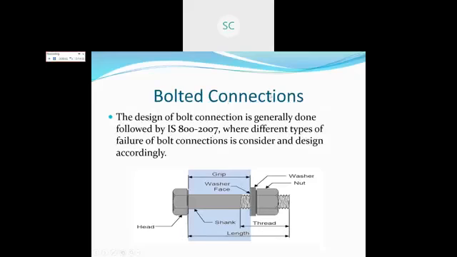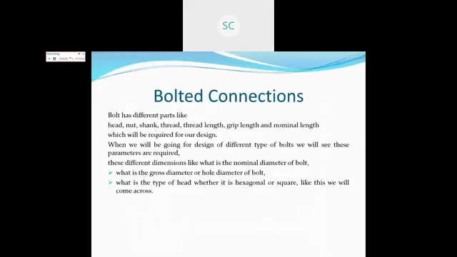Bolted connections are mainly used nowadays for steel structures. A bolt has different parts like head, nut, shank, thread length, grip length, and nominal length, which will be required for our design. When we design different types of bolts, we will see that these parameters are required.